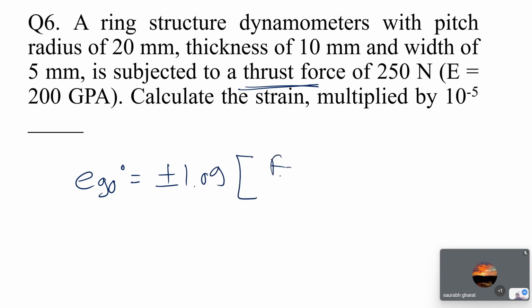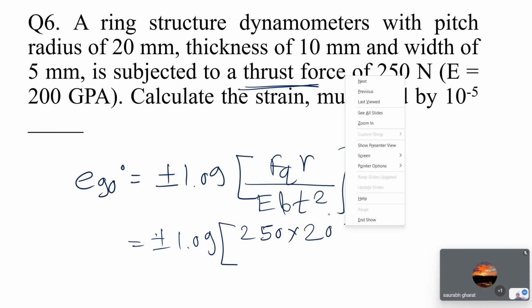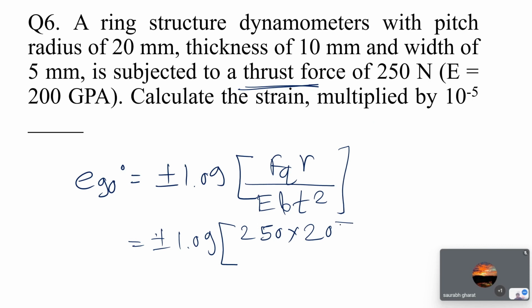The formula will be F into R divided by E B T square. You have everything. So plus or minus 1.09 into F total, F is given as 250. It will be 250 into the upper circle radius, 20.